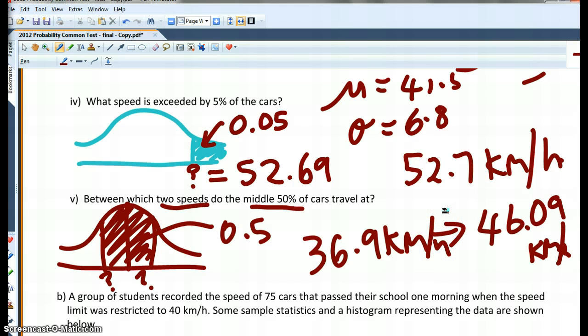So 36.9 to 46.1 kilometres per hour. I've been slightly inconsistent with my rounding. I should have rounded that to 46.1. It's just a rounding thing.